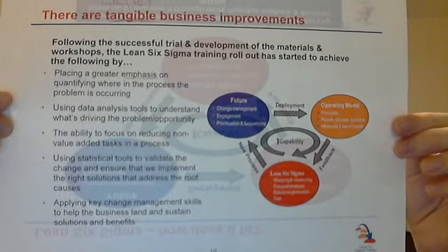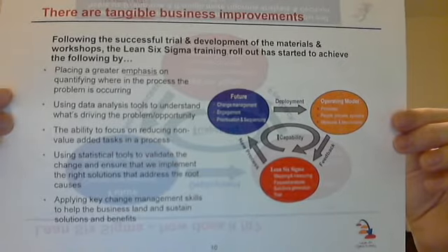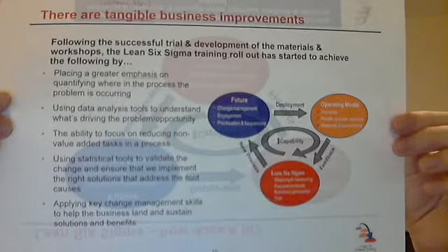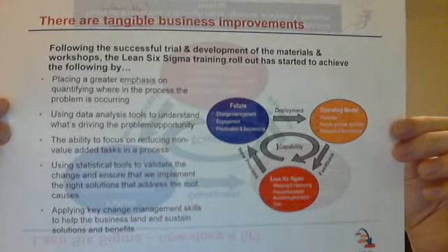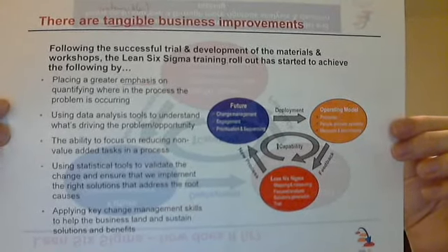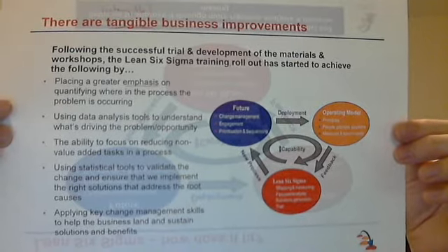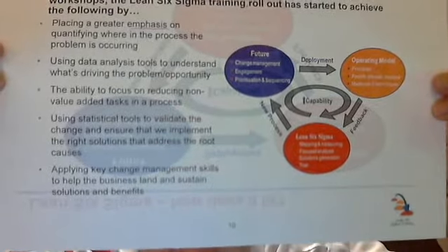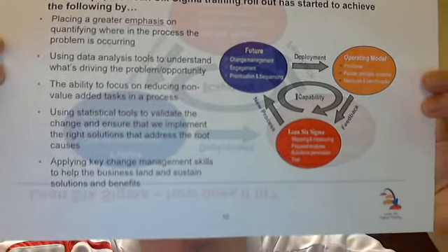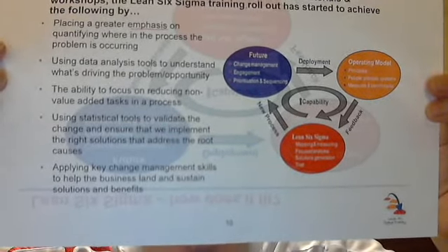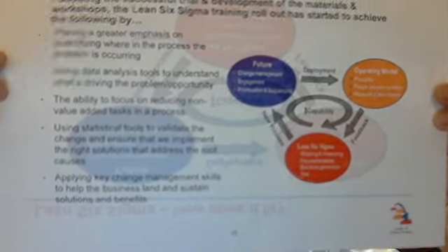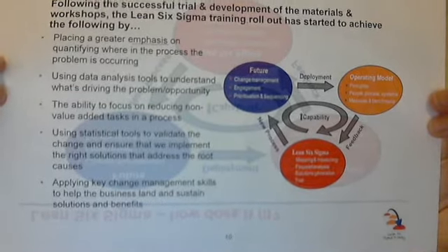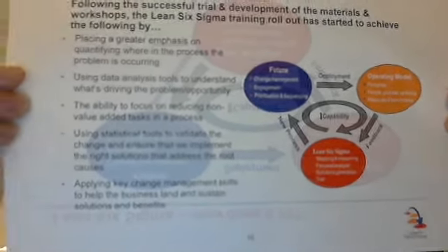has started to achieve the following: by placing a greater emphasis on quantifying where in the process the problem is occurring, using data analysis tools to understand what's driving the problem or opportunity, the ability to focus on reducing non-value added tasks in a process, using statistical tools to validate the change and ensure that we implement the right solutions that address the root causes, applying key change management skills to help the business land and sustain solutions and benefits.